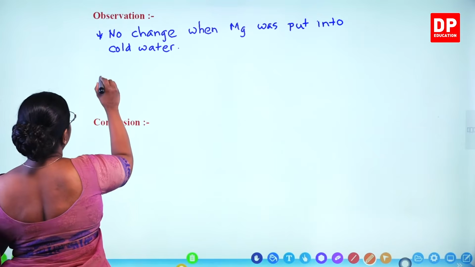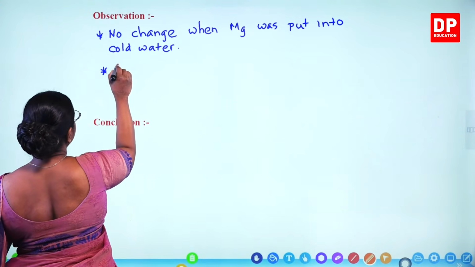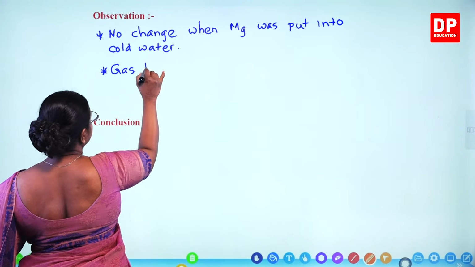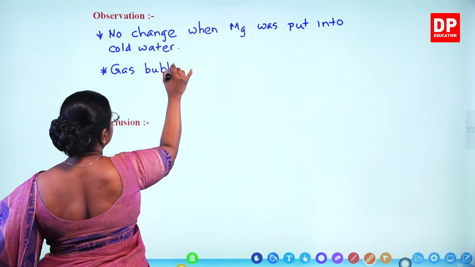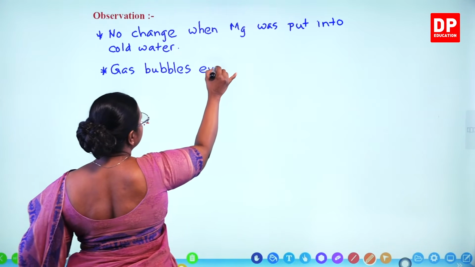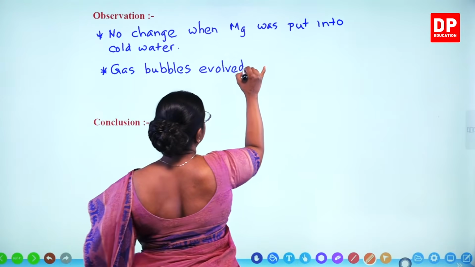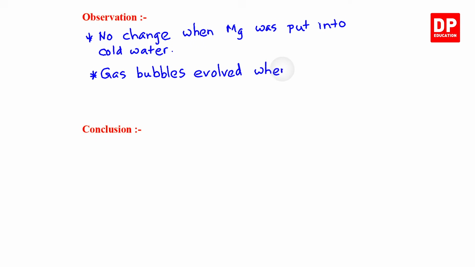So there you can see gas bubbles evolved when the water containing magnesium was heated.